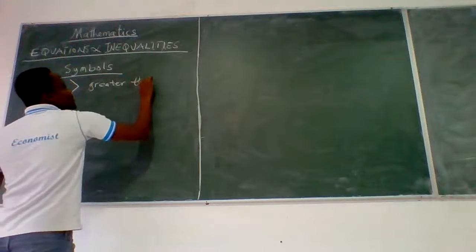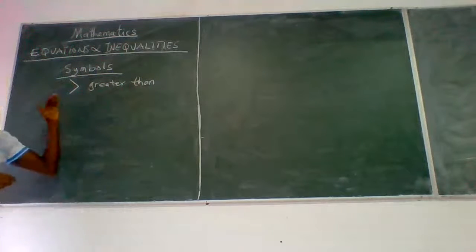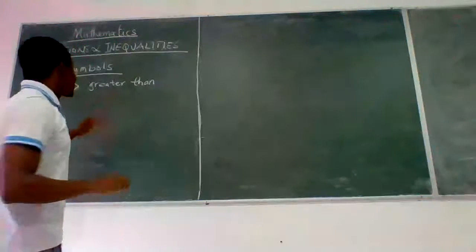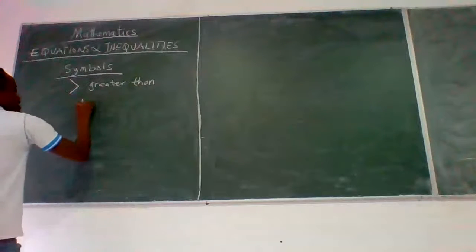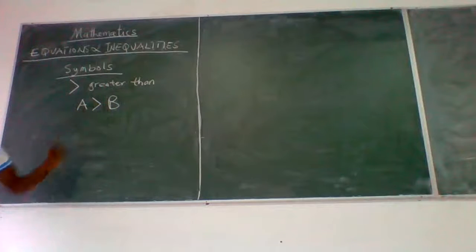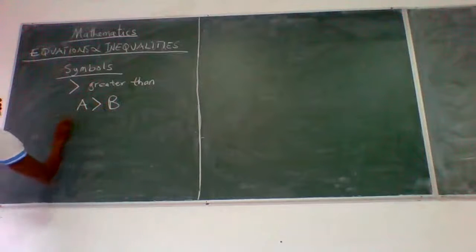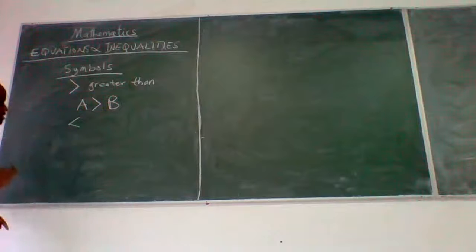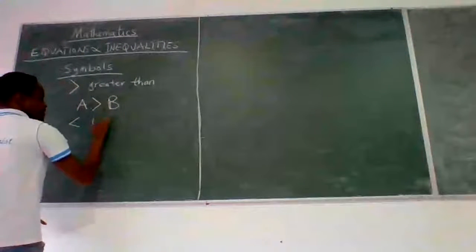We have the greater than sign. If you want to compare two quantities, you write A is greater than B. Then we have the second one, the less than sign.